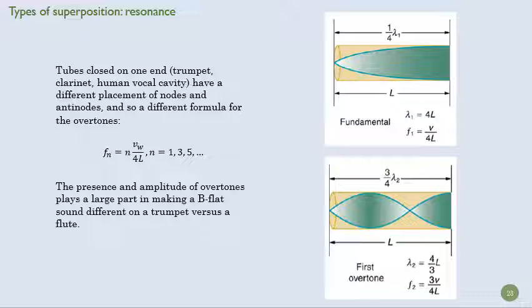With a tube closed on one end, and we can model something like a trumpet or a clarinet there, you have slightly different situations where you don't have a node that works on one end. You have the full amplitude on one end of the tube and a node on the other end of the tube. And that means your fundamental frequencies are slightly different, right?